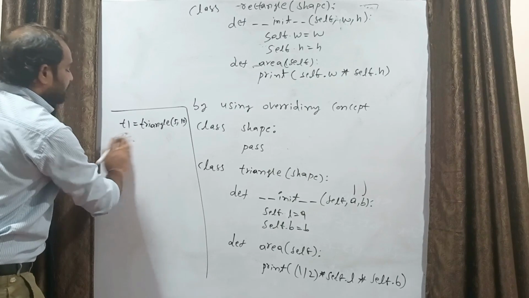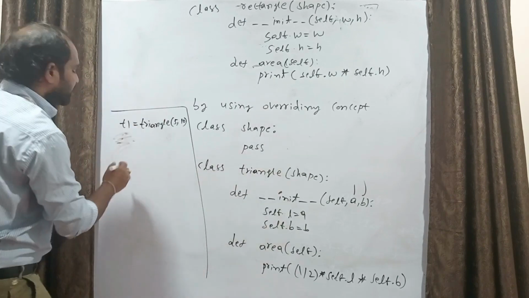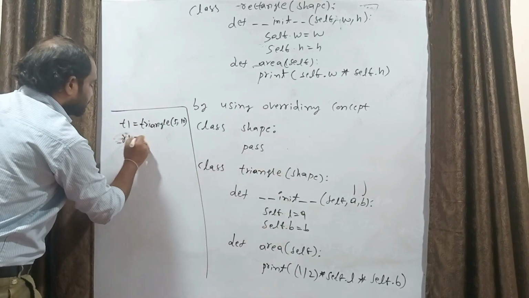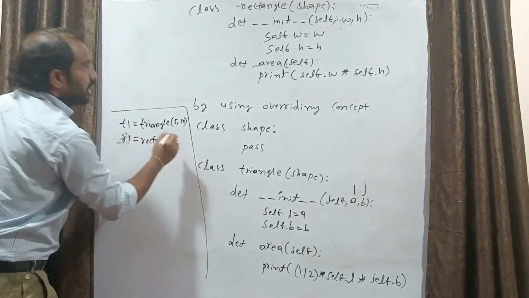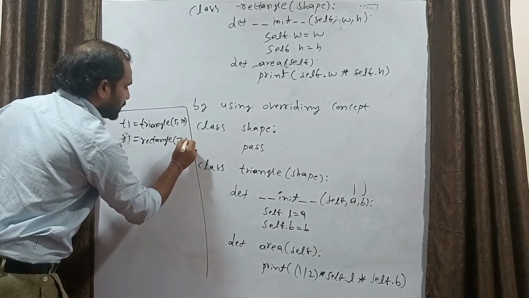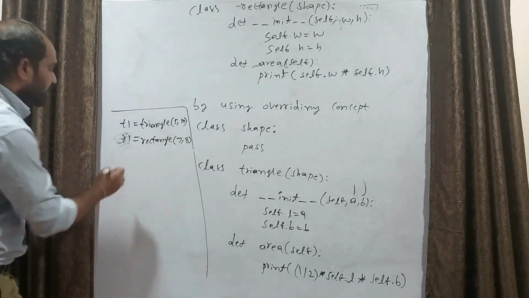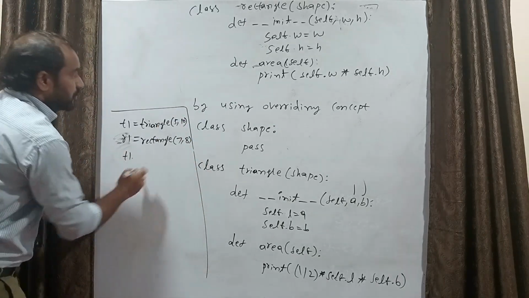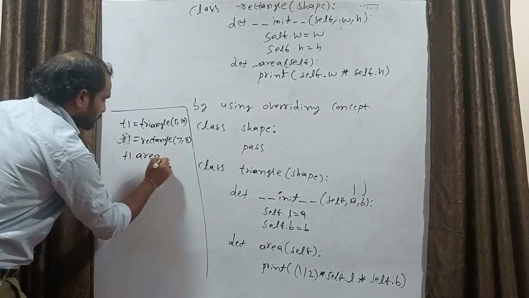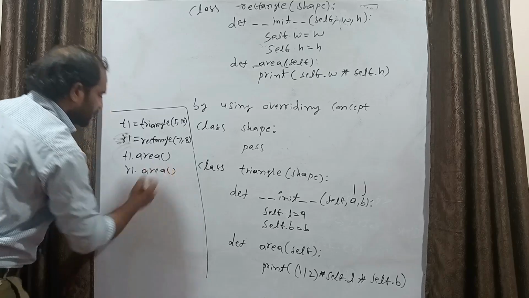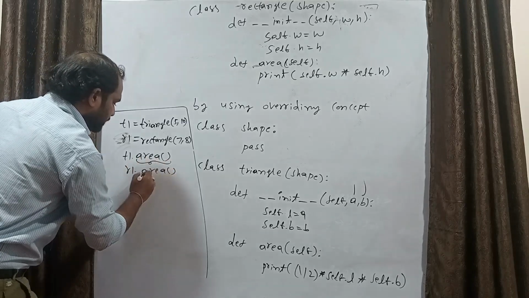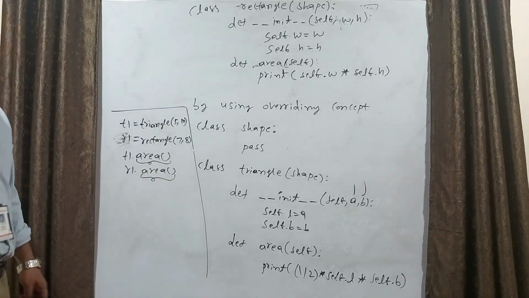Now I will create one object under the Rectangle class: R1 = Rectangle, passing width and height, 7 comma 8 for example. Now I call the method T1.area, and I call the method R1.area. Area is a method.